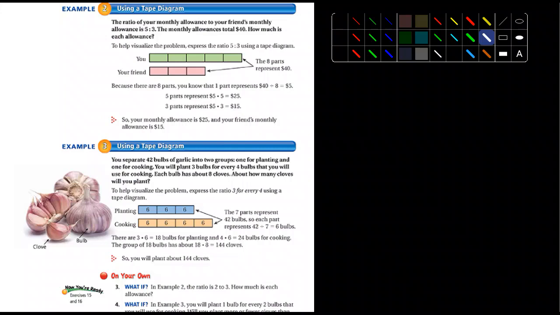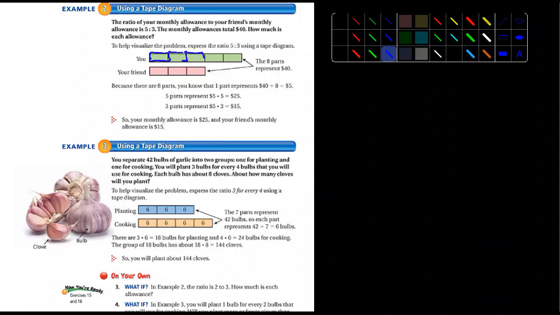It says using a tape diagram. These little squares that I've drawn, you guys are probably familiar with those, you probably did some of those last year, they call them tape diagrams. Okay, so the ratio of your monthly allowance to your friend's monthly allowance is 5 to 3. And the monthly allowances total $40. How much is each allowance? So in this one, if the total is 40, what would one part represent?